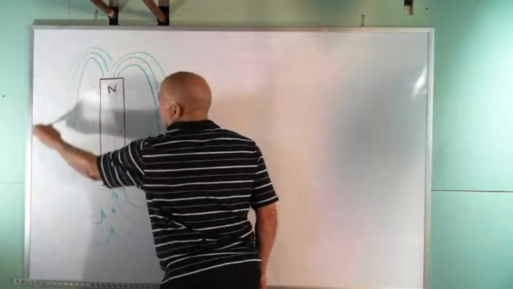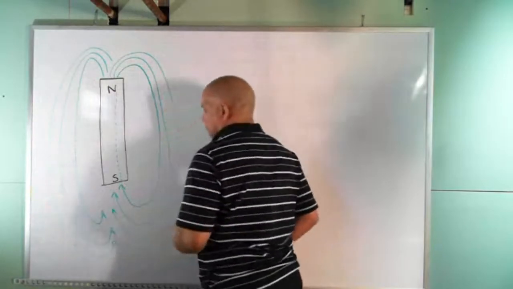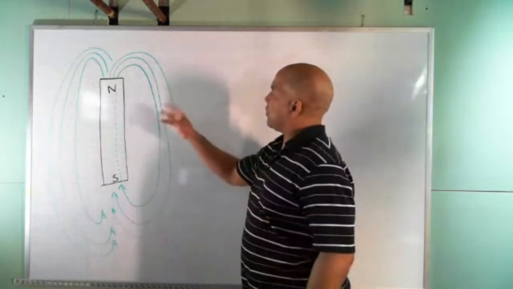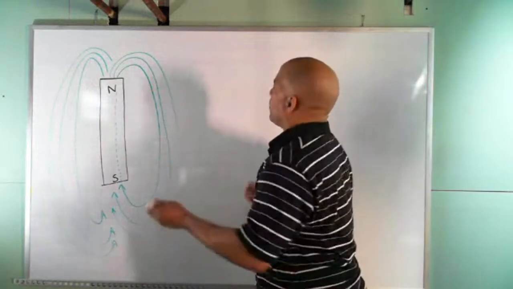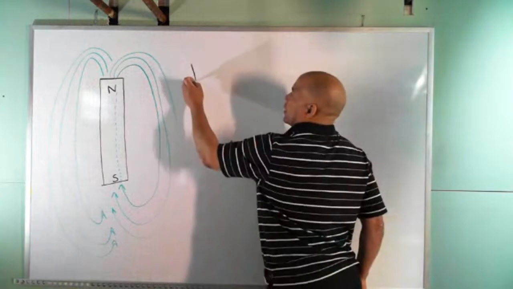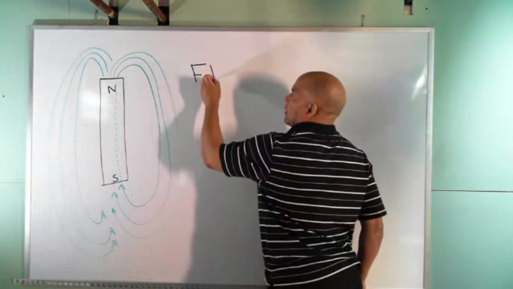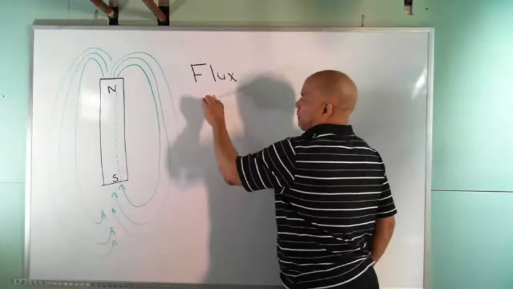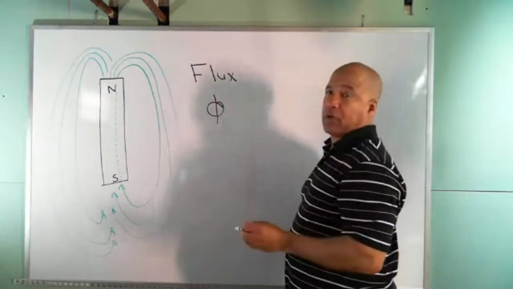We talked about flux. And so we say that these lines or this field, these lines represent what we call magnetic flux. We use this symbol, phi, for flux. And we talked about two units of flux.